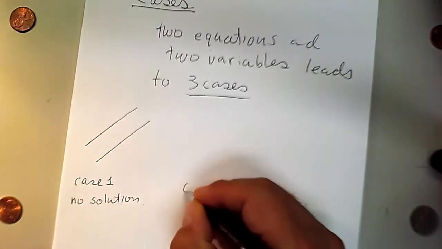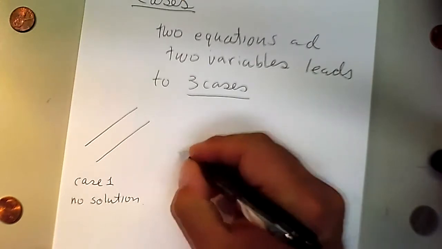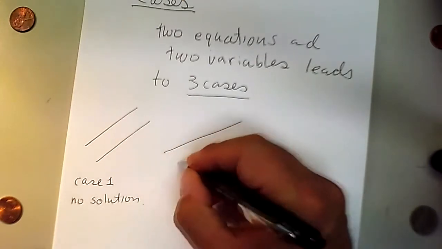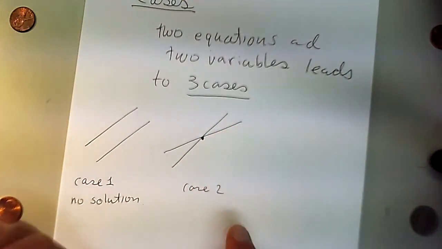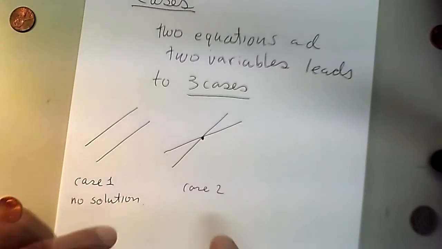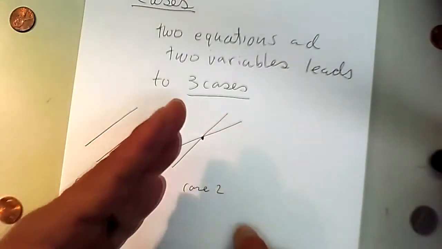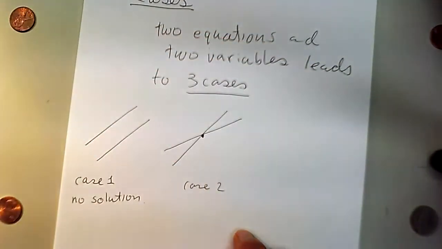Case two is when they do intersect very nicely at a point. They just cross each other. And because the lines are straight, they're not going to bend to cross back into a second point.